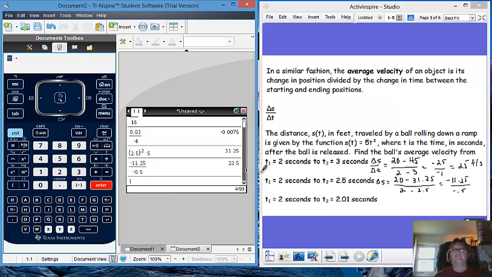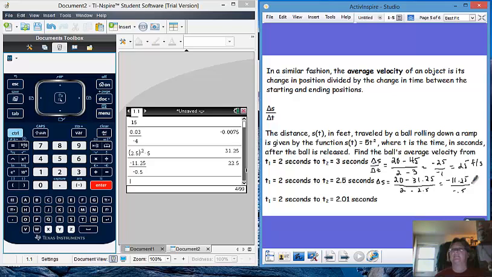Oh, the average velocity there is 22.5 feet per second. So the average velocity over the half second is slower. And if you think about this, you can see gravity's working here. The longer that ball is rolling, the faster it will go. It gets more momentum, if you will.